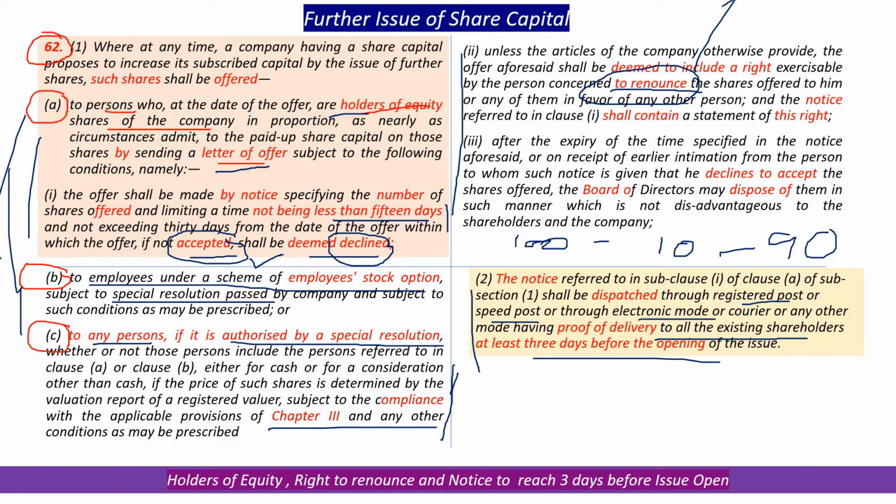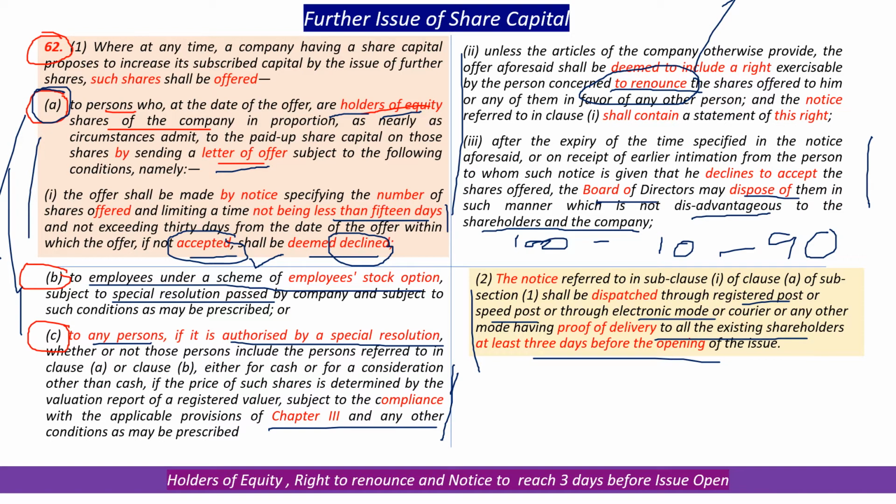If the shareholder declines, the ball gets into the court of the board. Board can dispose of those shares in a way it considers in the interest of both shareholders and the company. Means, to go by the wording of the act, it should not be disadvantageous to both shareholder as well as the company. This is how the first set of offer will be dealt with.